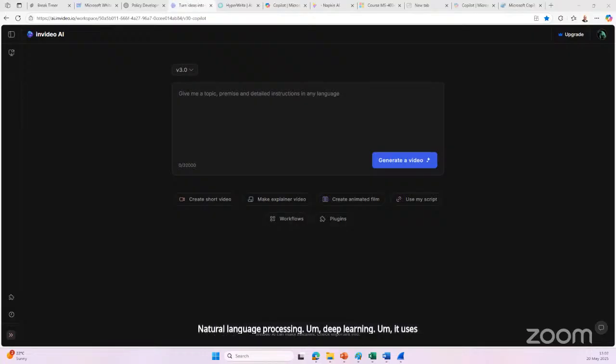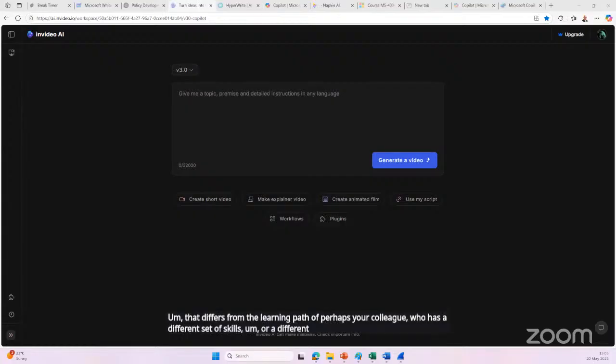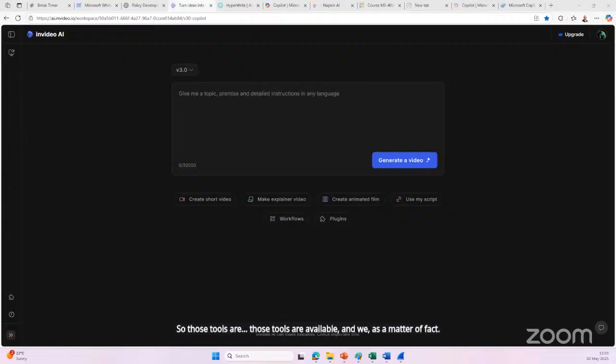It uses a variety of AI techniques to be able to determine what your current level of skill is, the gap that exists between your current level of skill and the skill that is objectively required to be able to perform a certain set of functions, and then dynamically create a learning path for you that differs from the learning path of perhaps your colleague who has a different set of skills or a different level of skill based on their assessment.